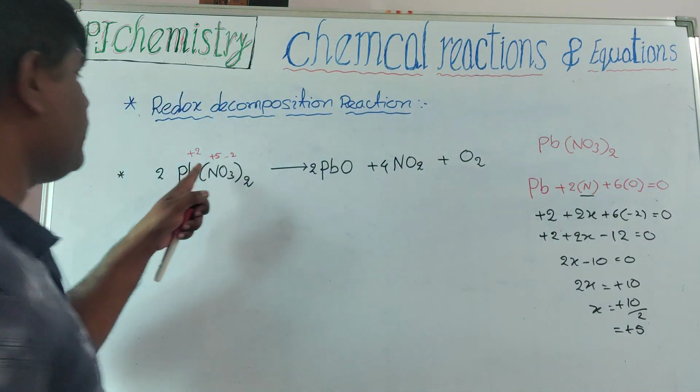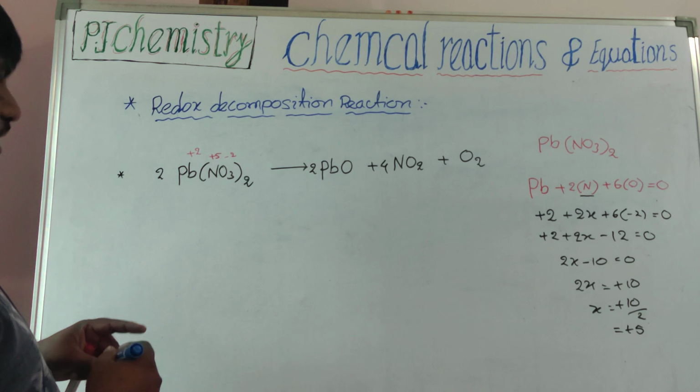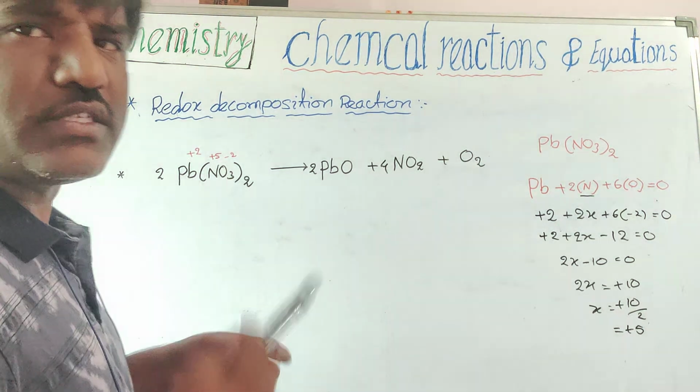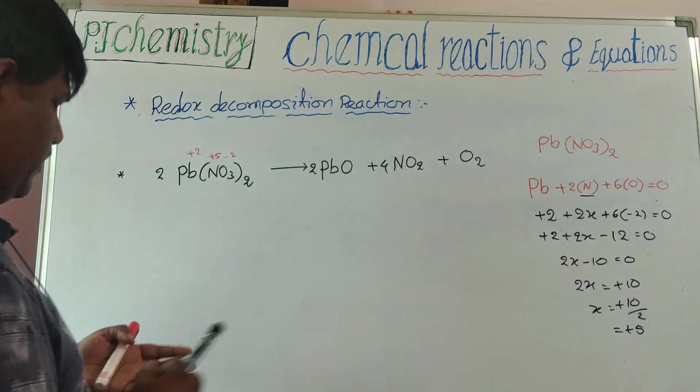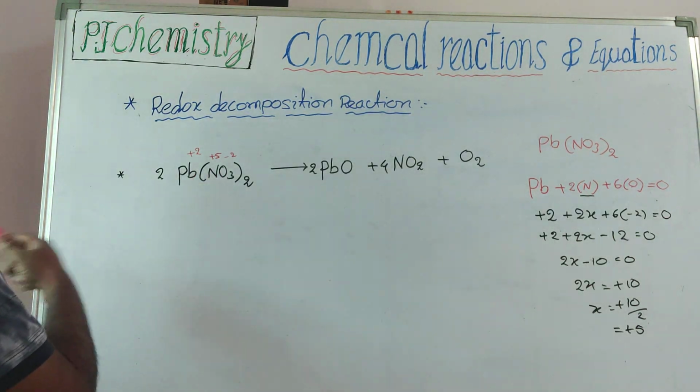That is only nitrogen. Like this, we need to find the oxidation numbers of every element. So the first one is over.